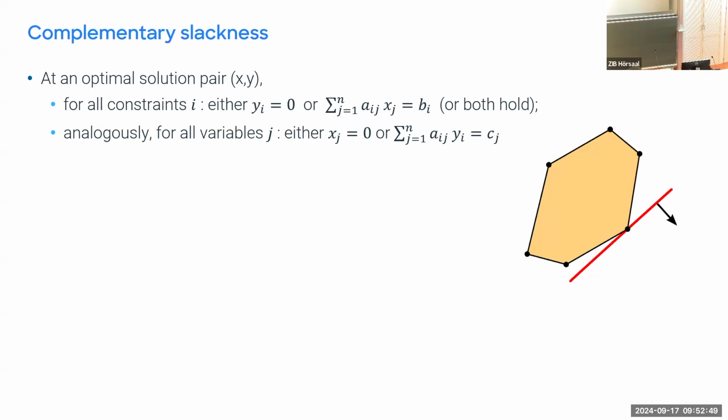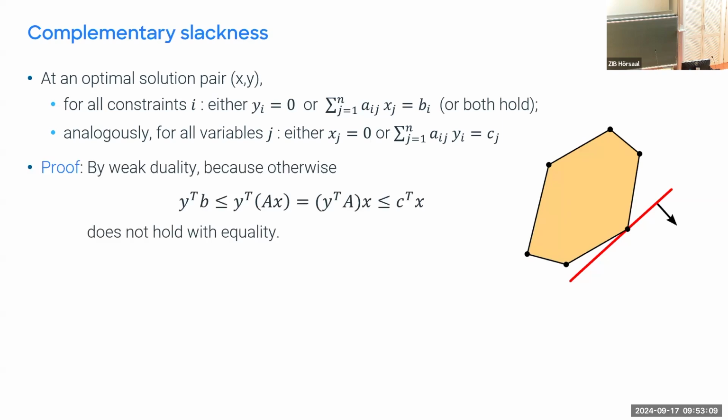Yeah? And I can also put this for variable bound constraints. So if a variable x is greater than or equal to 0, then it's either at the bound 0, or in the dual problem, the dual constraint is tight. Yeah? So this is kind of a primal and dual slackness condition. Okay, and this is actually also, again, easy to prove by weak duality, because if you look at, this was the proof of weak duality.